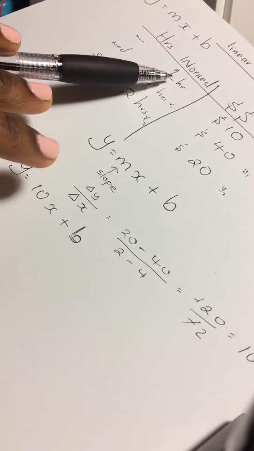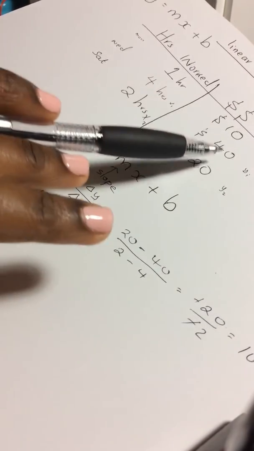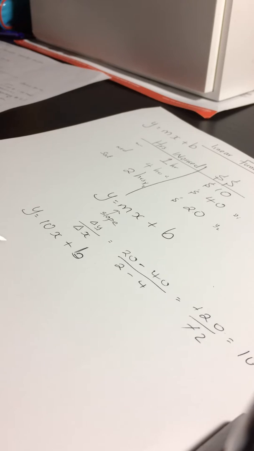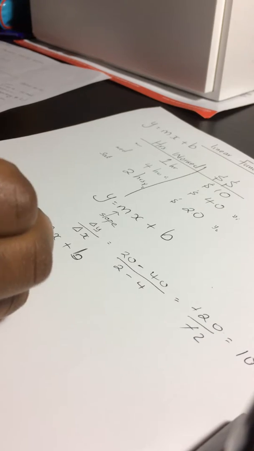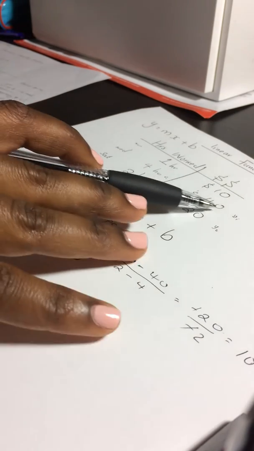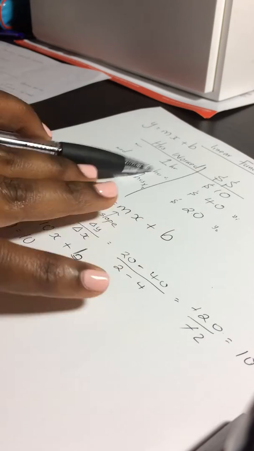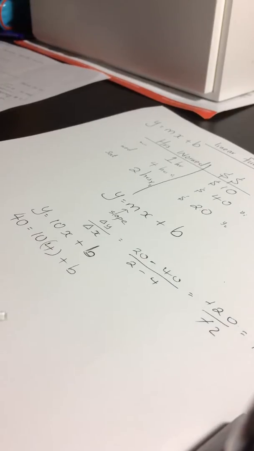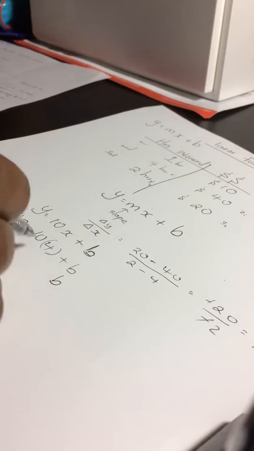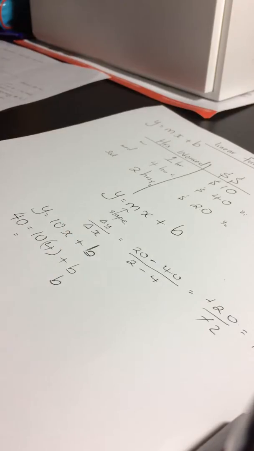So for instance, if we take data set 4 and 40, what are we plugging in for our y? Yeah, that's the 40. So 40 equals 10, and then our x is what goes together with the 40. They are horizontally lined up with the 4. Plug in our 4 right there, plus b, and then let's isolate to find what b is. So b will end up being 0.